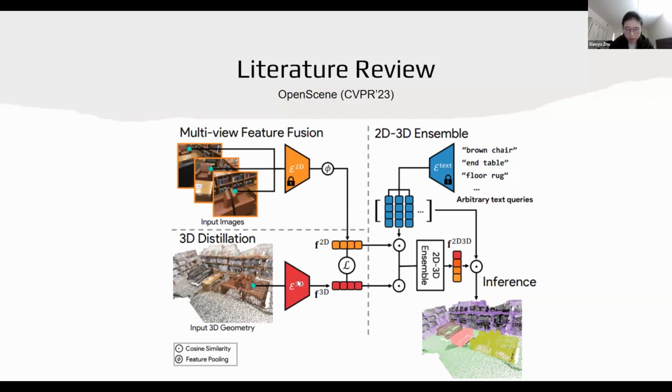In this way, we can use the distillation loss as a training target to train the 3D UNet backbone. During inference, the model combines the semantic predictions from the 2D and the 3D branch to compute the final label.